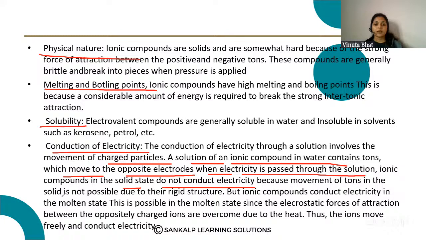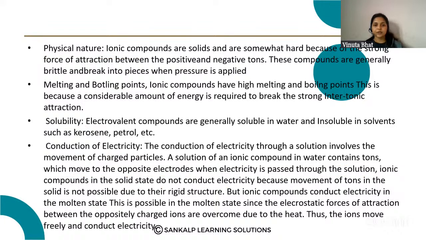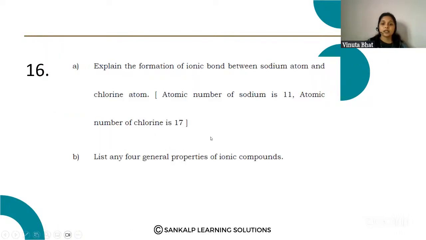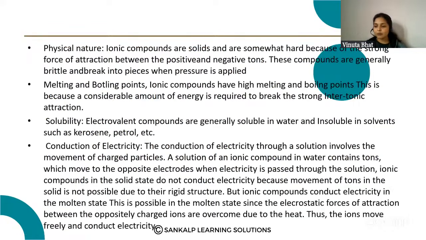But in the molten state, this is possible. In the molten state, electricity is carried by these ionic compounds. So these are some physical properties of ionic compounds. Very important. Repeatedly this question was asked in different question papers. What are the physical properties of ionic compounds?